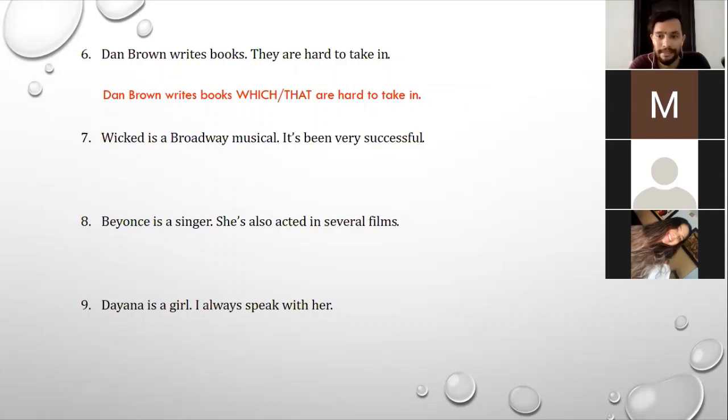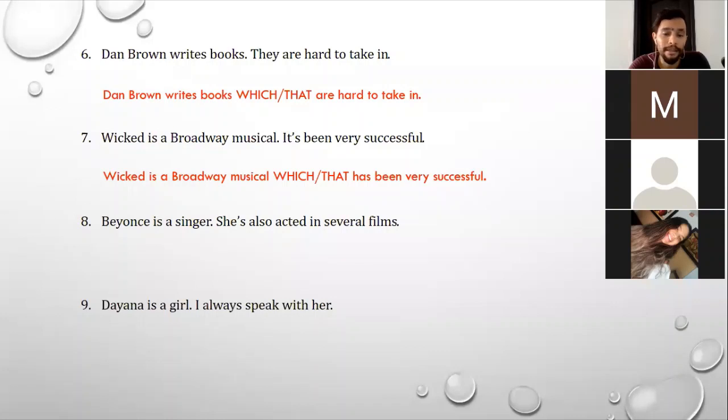Put it together, please. Wicked is a Broadway musical which is being very successful, or that is being very successful. Very good. That has been very successful. How about number 8?